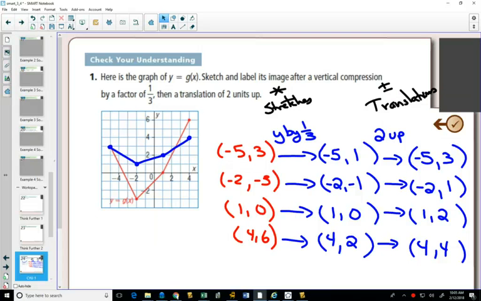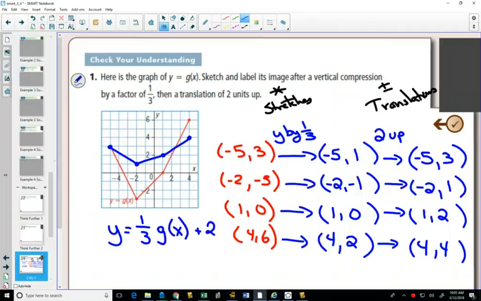But just for practice, I'm going to label this with an equation in terms of g of x. So this equation that we have now, if we had y by 1/3 and 2 up, that's all vertical stuff, and the equation would look like this: 1/3 out in front of the original function, and a +2 after. So vertical stuff happens outside of the function.